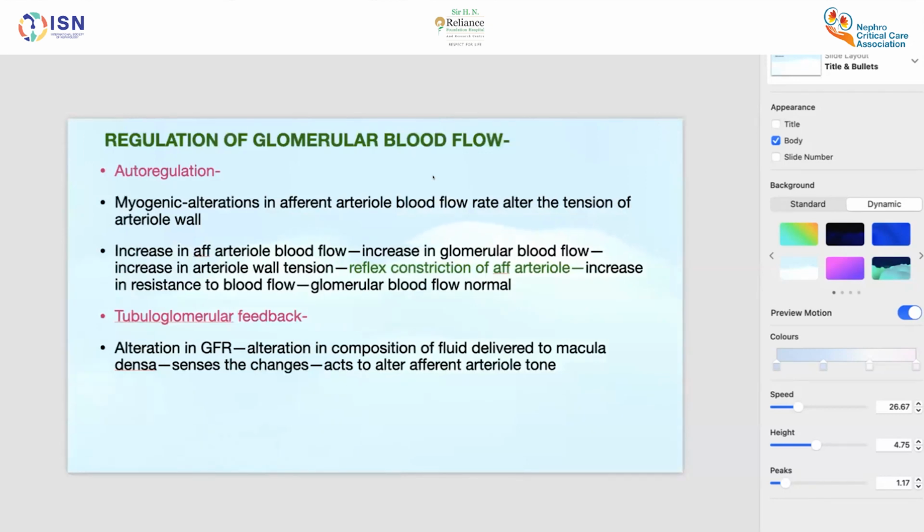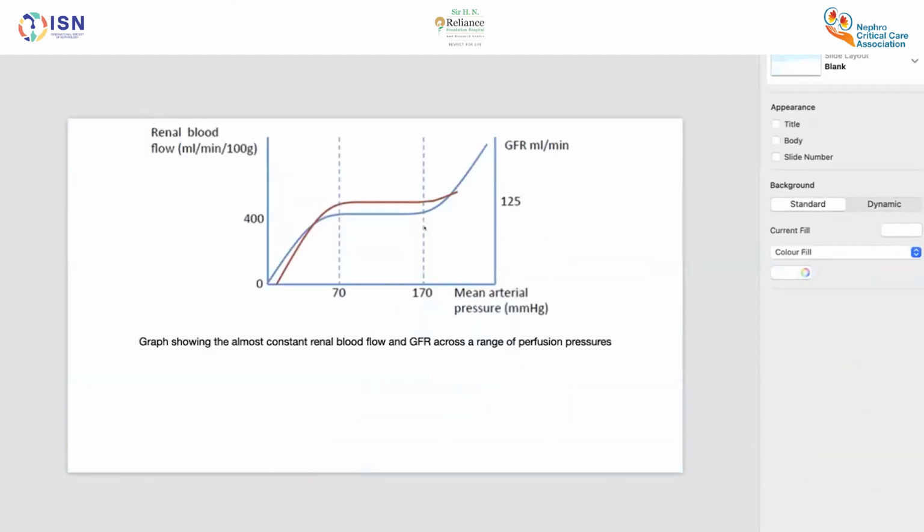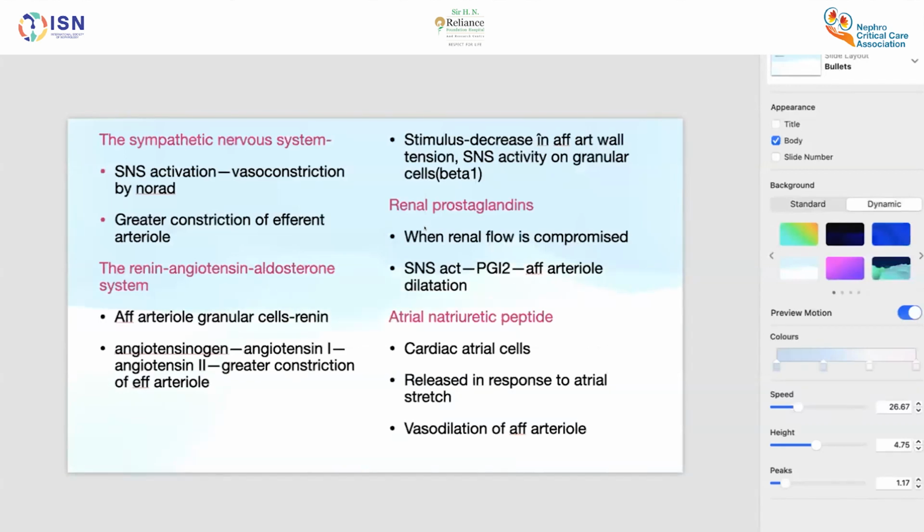In tubuloglomerular feedback, if there is an alteration in the glomerular filtration rate, there is an alteration in the composition of the fluid delivered to the macula densa. The macula densa senses these changes and acts to alter the afferent arteriole tone. With the sympathetic nervous system, activation causes vasoconstriction by noradrenaline, with greater constriction of the efferent arteriole.